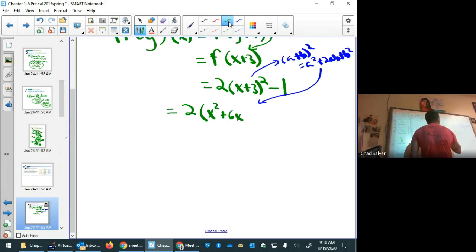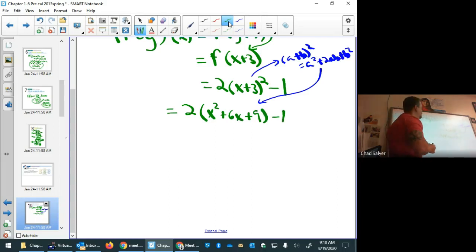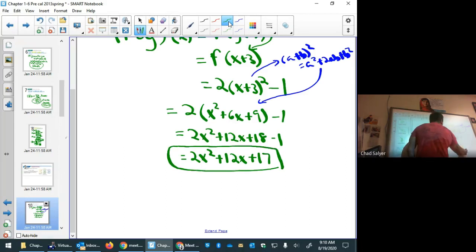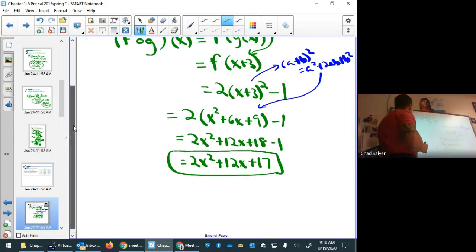So 2 times 3 times x is 6x plus 9 minus 1. Save us a little trouble to use that shortcut in this case. So that's 2x squared plus 12x plus 18 minus 1, or 2x squared plus 12x plus 17. So there's f of g of x.